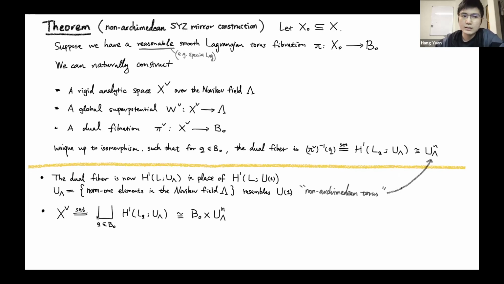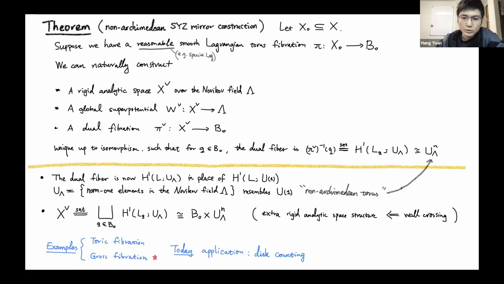Then, as a set, the mirror space X check is just the union of all these non-Archimedean tori. But of course, you will have some extra rigid analytic space structure, and this structure comes from the wall-crossing phenomenon and the quantum corrections.